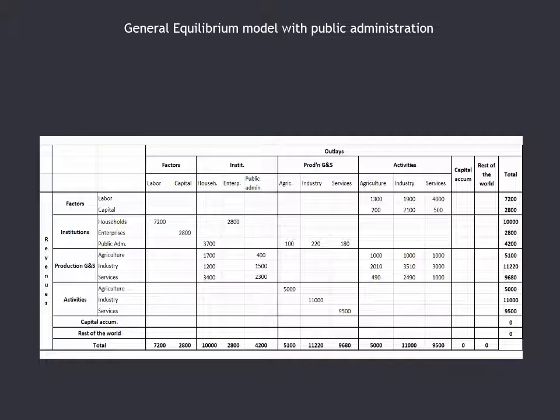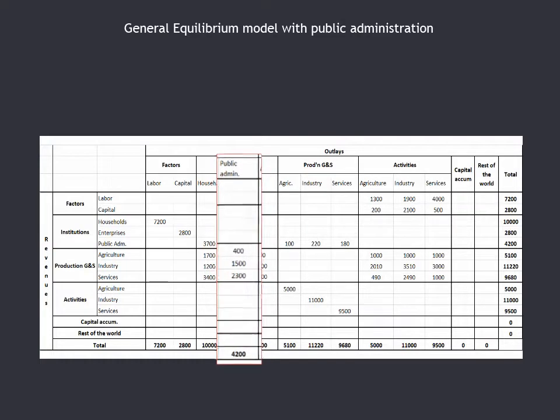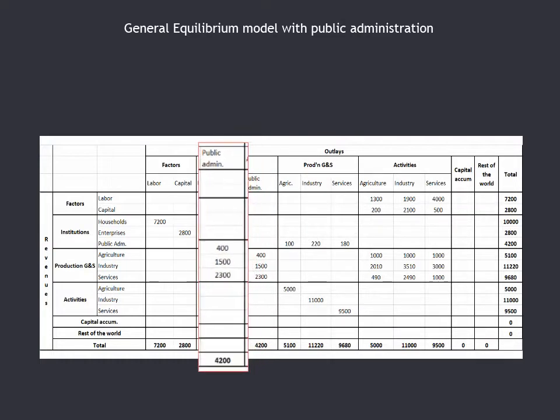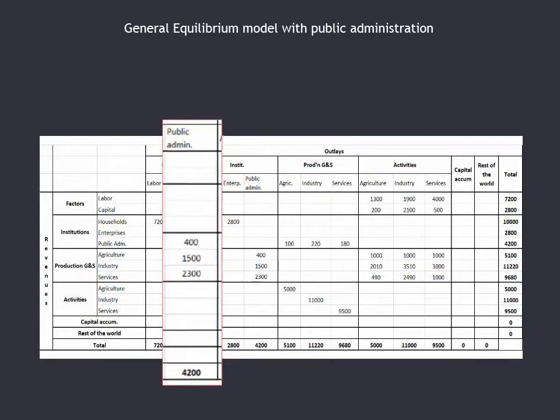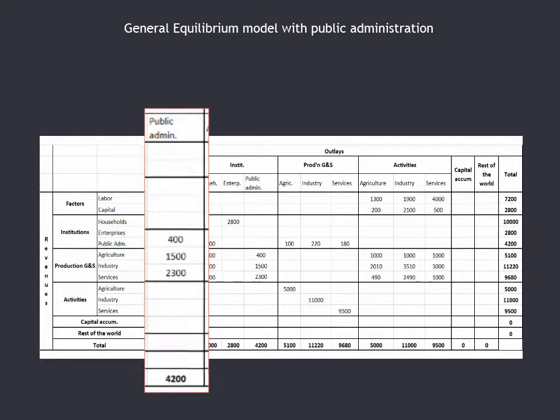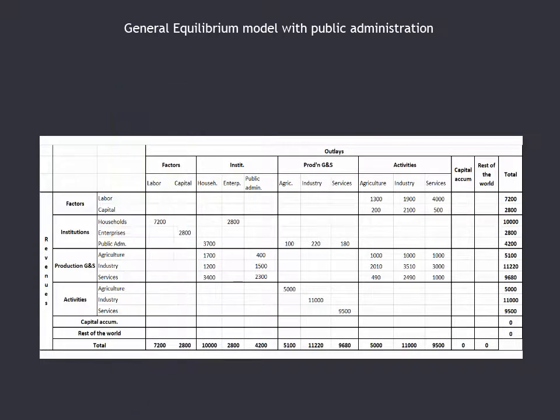And so we have revenues for the public administration, from income taxation and also indirect taxation. With these revenues, the public administration can operate some expenses with demands for goods and services: 400 in the agricultural sector, 1,500 in the industrial sector, and 2,300 in the services sector.